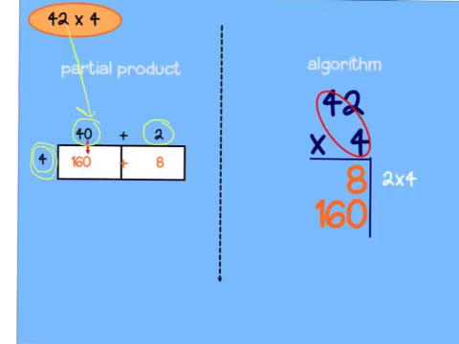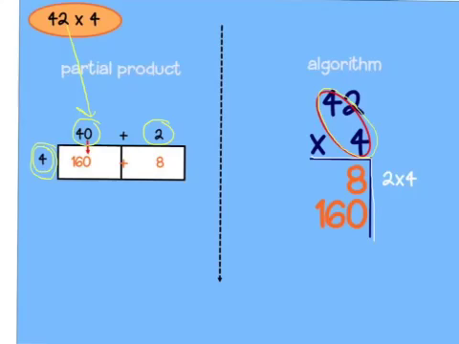Going over to the algorithm, now we're going to multiply that same 4 times the 10 digit in 42. So again, I've dropped that bar to make an even taller 7 now.